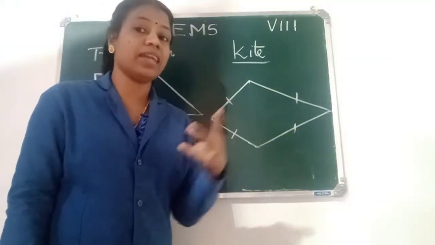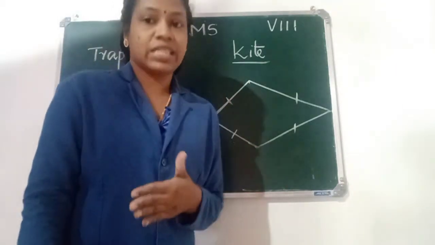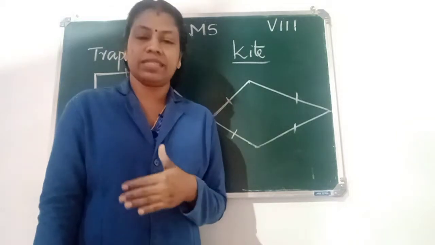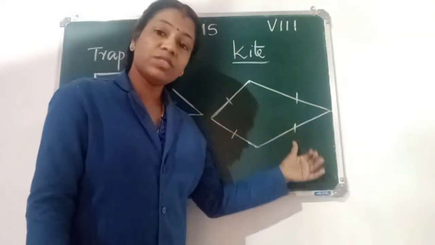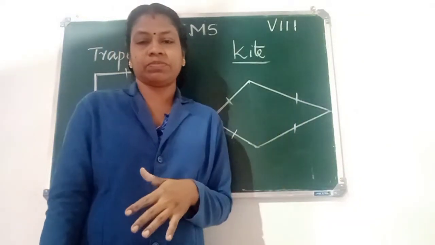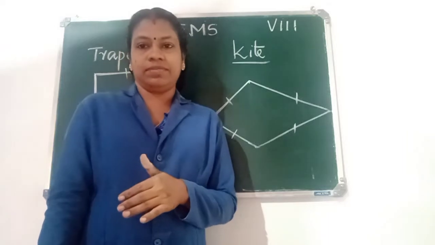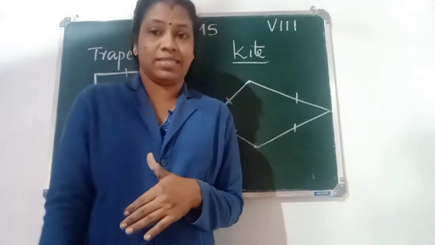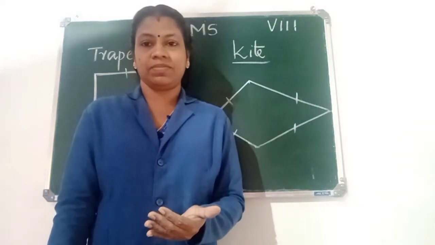And this is another pair of consecutive sides. So in a kite there are two pairs of equal consecutive sides. Okay, these two sides are equal and these two sides are equal. That's a kite. And in a kite, the diagonals are perpendicular to one another.